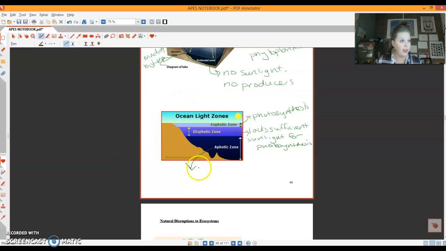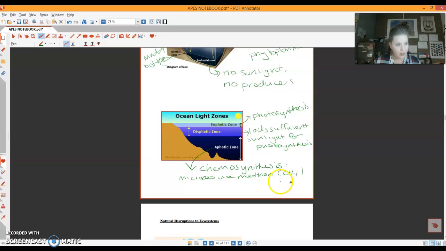Okay, so down here in the aphotic zone, chemosynthesis. Okay, so microbes use methane. Remember that methane is CH4 from the carbon cycle.